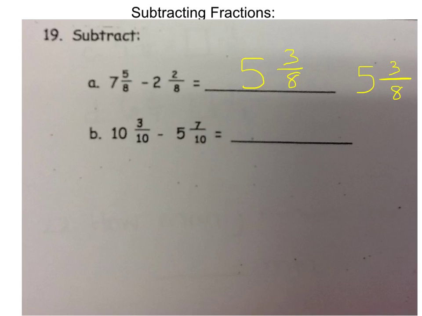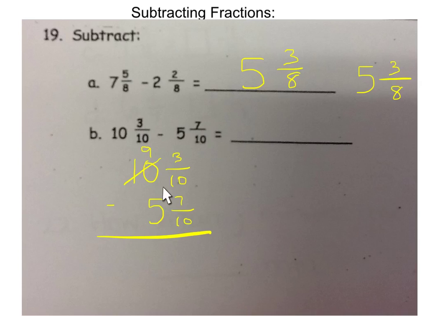For B, I notice that 10 and 3/10 minus 5 and 7/10, we run into a little problem because 3 is smaller than 7, so I can't subtract 7 from 3. I need to rename this fraction to make this problem doable. So I can borrow just like I would in normal subtraction. I can take 1 away from 10 and make it 9.